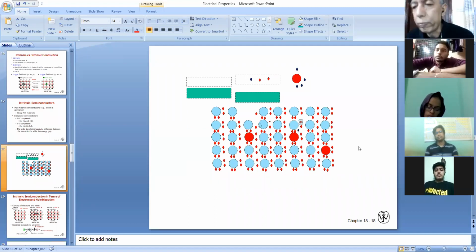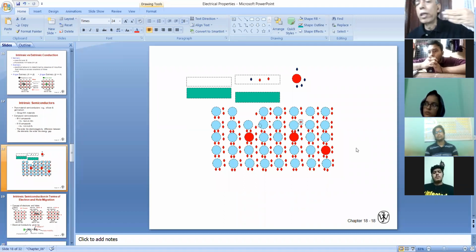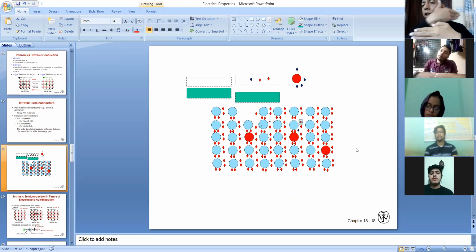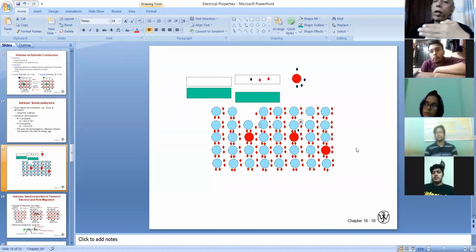So hole can move, and the electricity moves with the positive charge. That means the electricity moves in the direction of the movement of positive charge and opposite to the direction of electron.